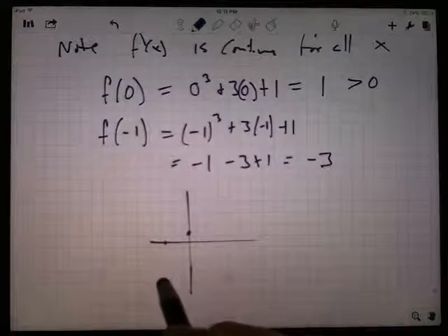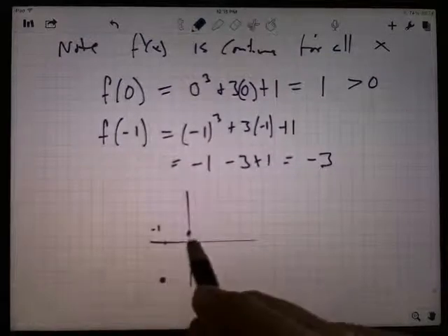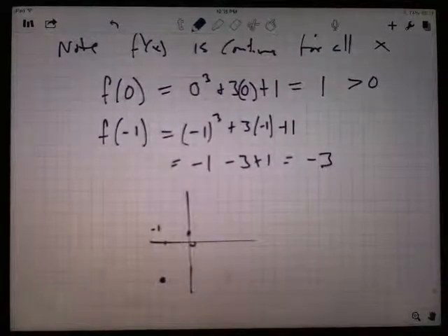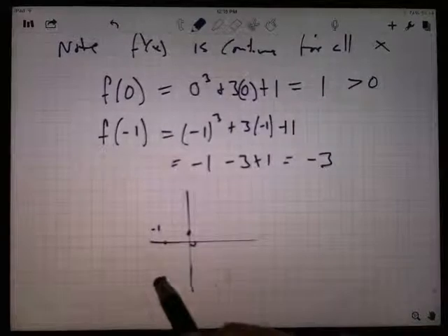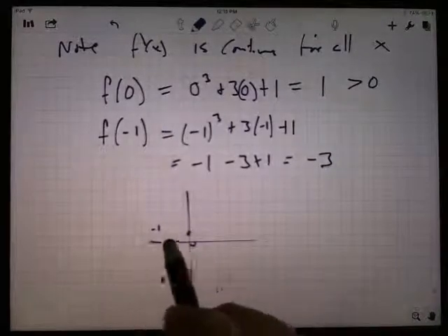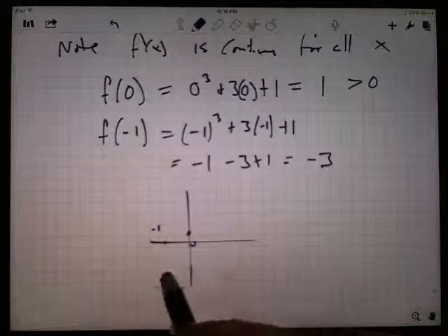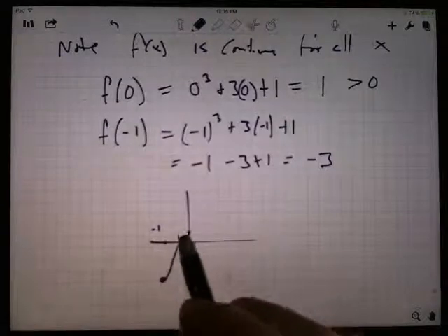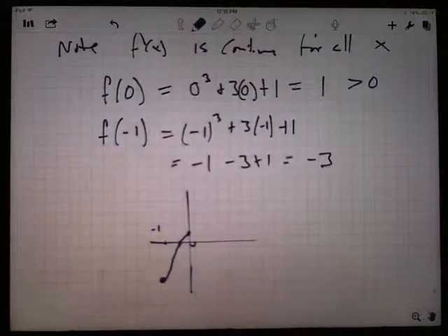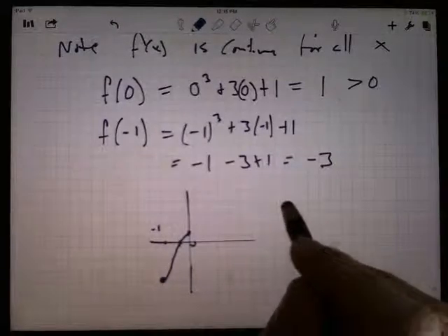Okay. From -1 to 0, I've got a continuous function. It's negative here, it's positive here. 0 is in between those two, and so the intermediate value theorem says I have to cross through 0 somewhere, right?